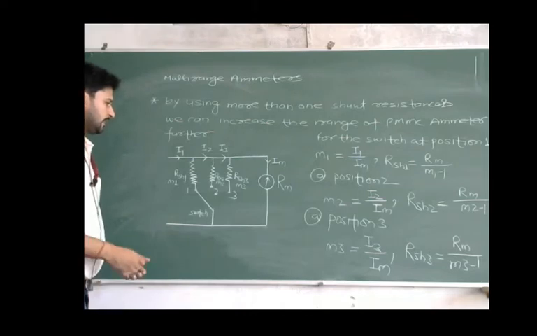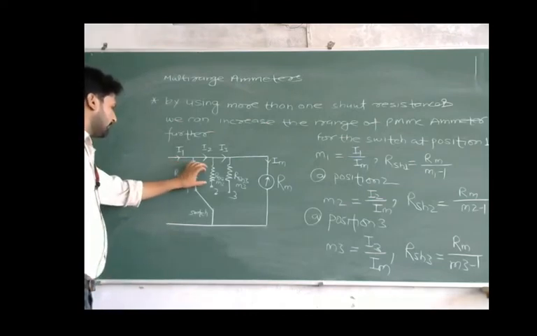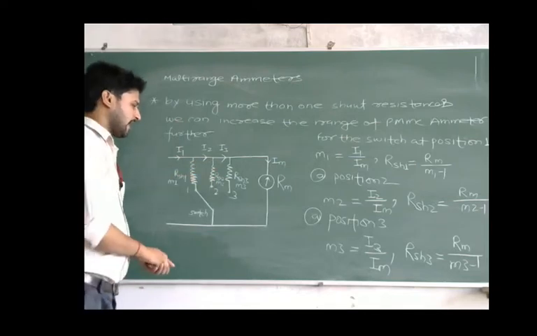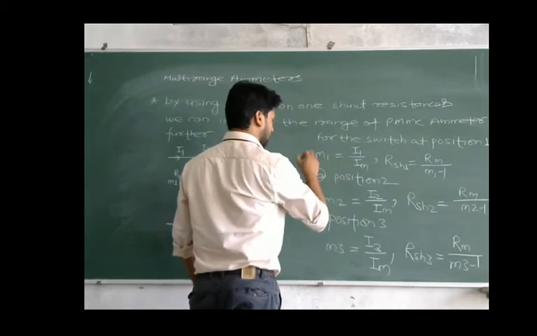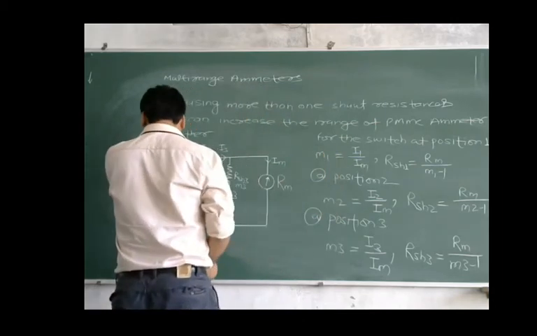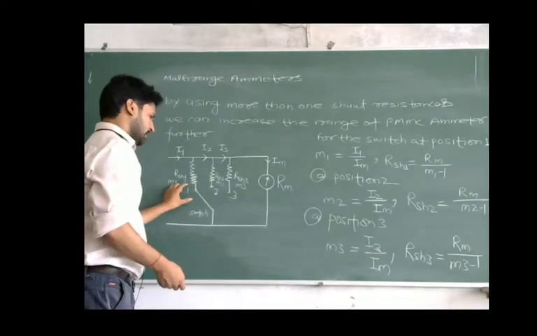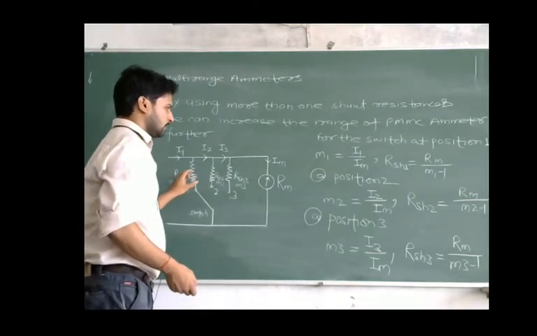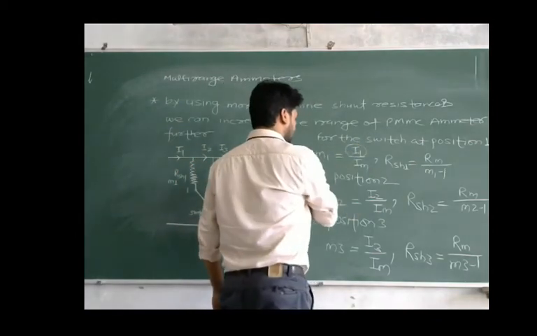So we can see from here that for different values of resistances, the multiplying factor has different values. By selecting position 1, the maximum current that can be measured is I1.